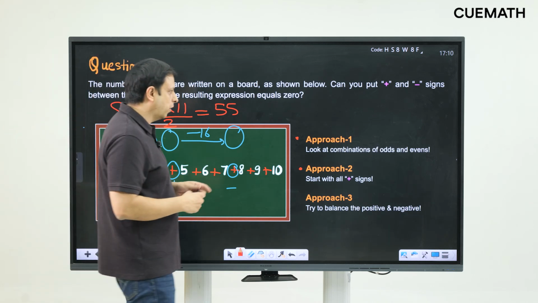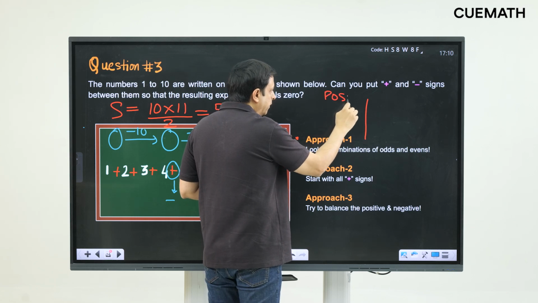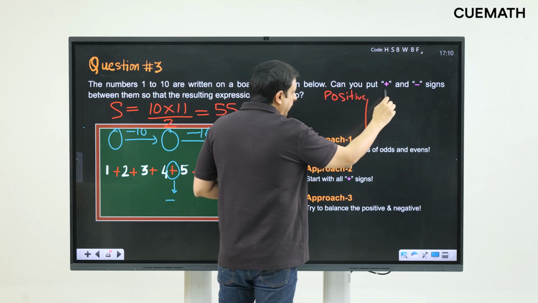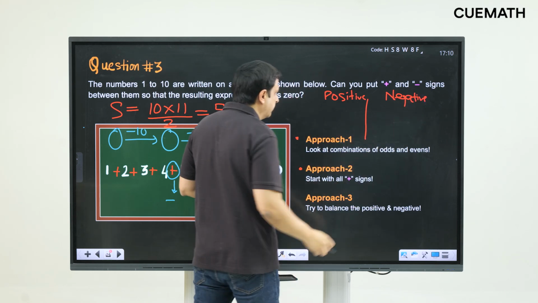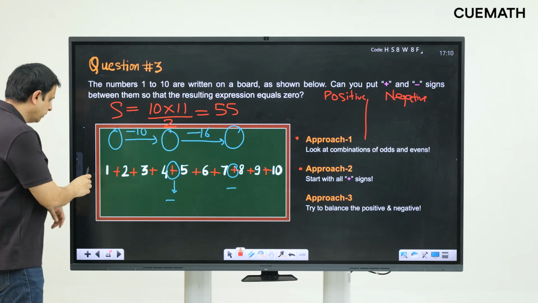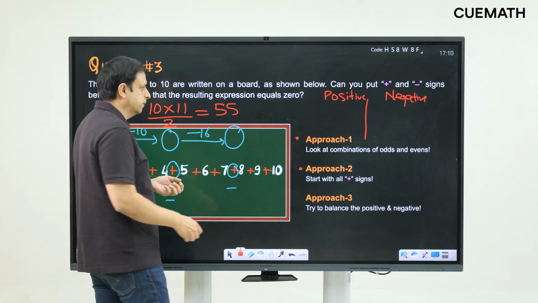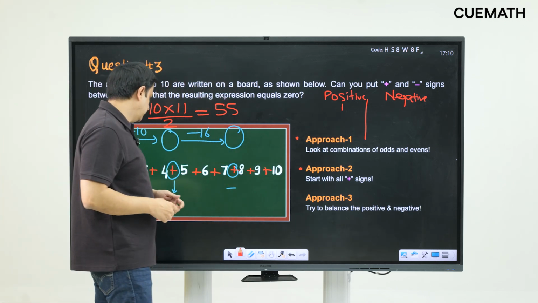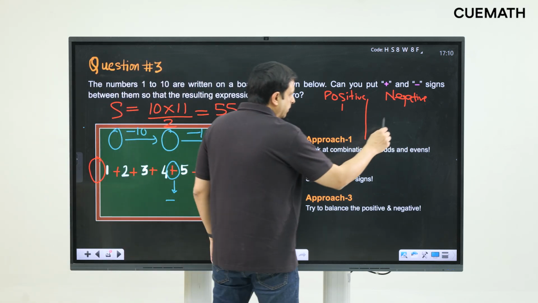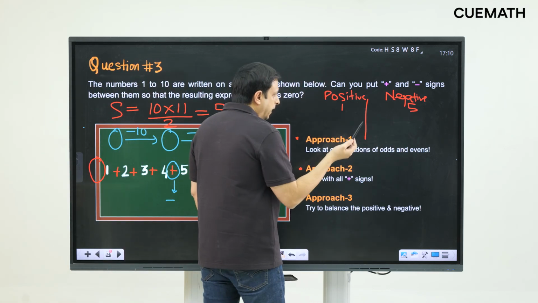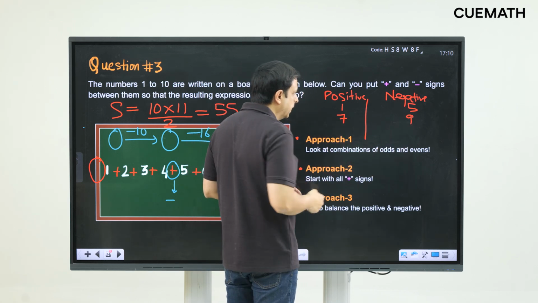So if you draw a column of sorts, I'll write all my positive numbers here and all my negative numbers here. For example, because I don't have any sign in front of 1, 1 will always show up as positive. So I'll write 1 here, and then let's say if 5 was negative, I would put my 5 over here, and if 7 was positive, I would put 7 over here. If 9 was negative, I would put it over here, and so on.